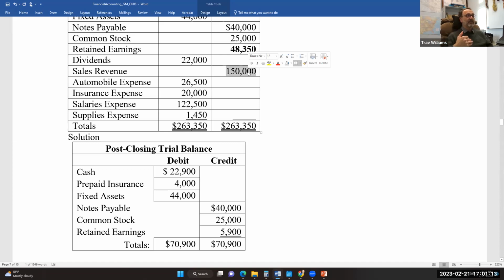So that decreased their retained earnings, right? The loss from having low revenue compared to the expenses decreases retained earnings. The dividends decrease retained earnings further. And everything adds up down here. So hopefully that makes sense.